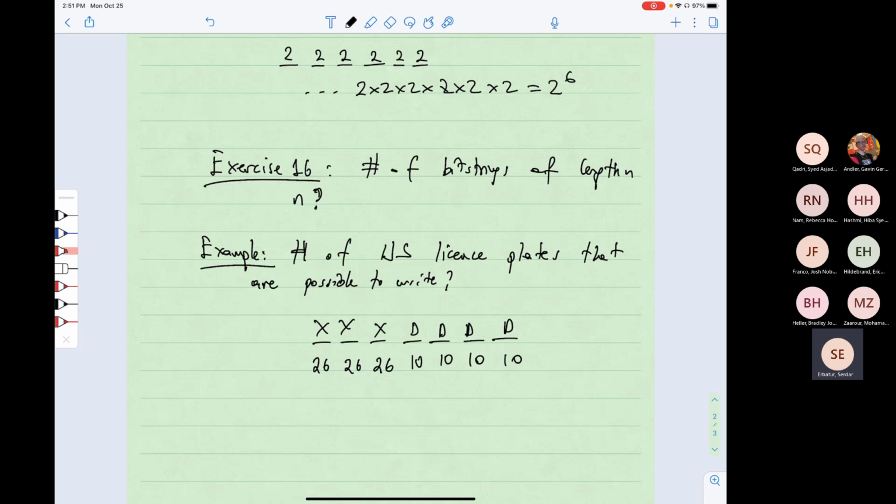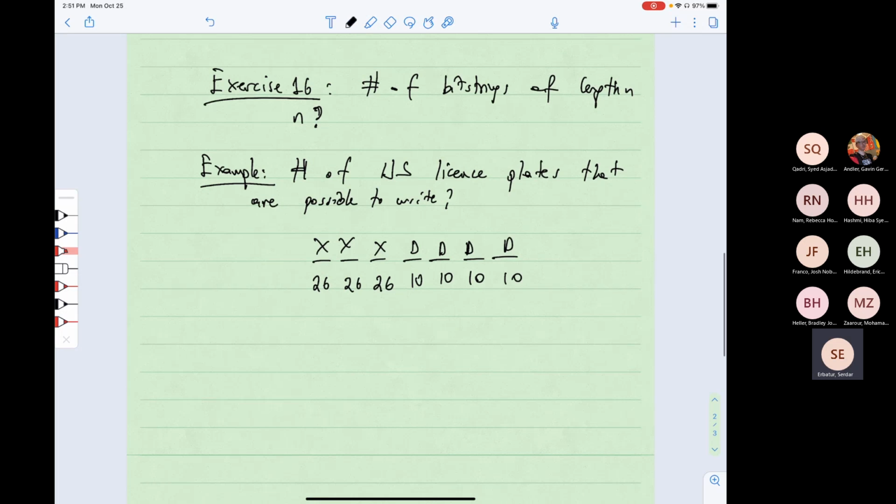As you see, I don't have any restriction, like saying the first and the third digits should be different. We don't say anything like that. Without any condition, that's how we count. So as a result, we have 26 cubed times 10 to the 4 available plates.